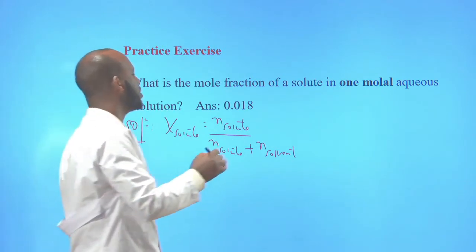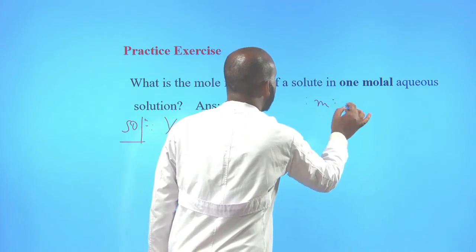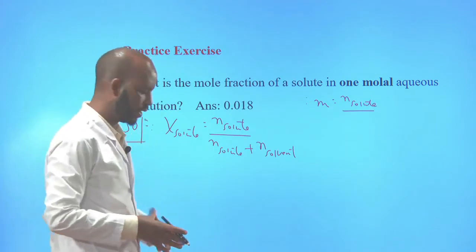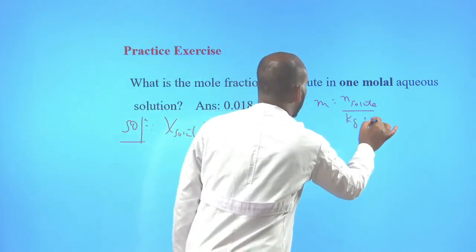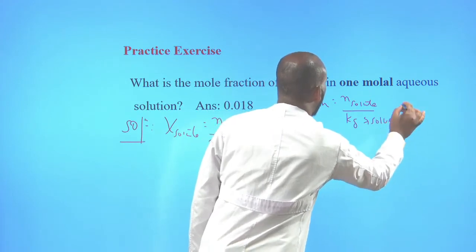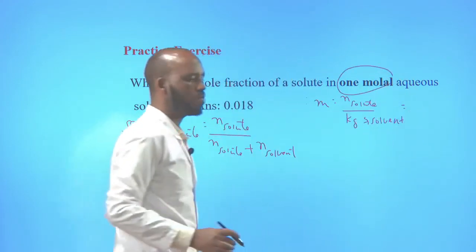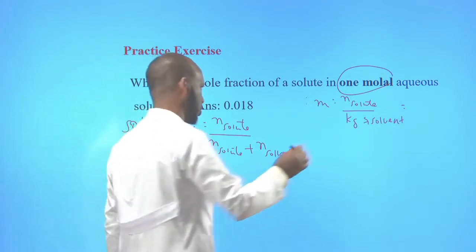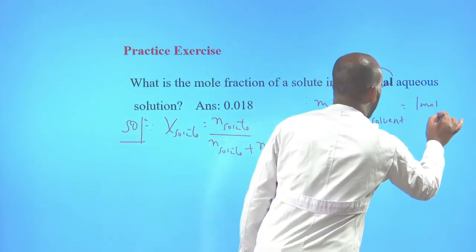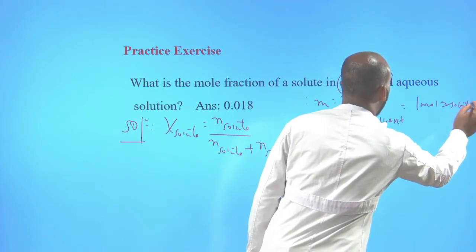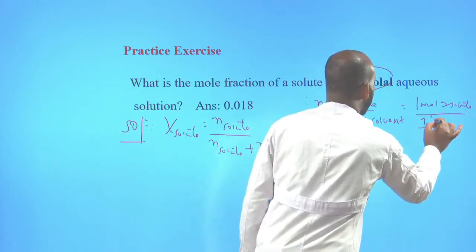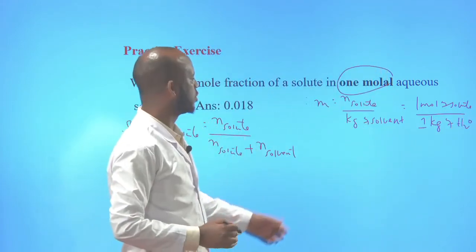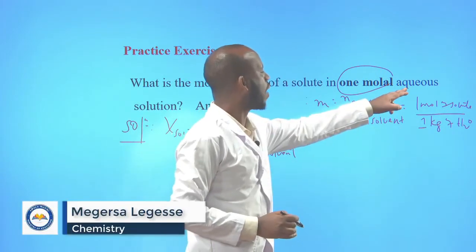As we said, molarity is defined as number of moles of solute divided by mass of solvent in kilograms, which is 1 molar. 1 molar means 1 mole of solute is dissolved in 1 kilogram of solvent. 1 mole of solute dissolved in 1 kg of water, because the solvent is water; it says aqueous solution.